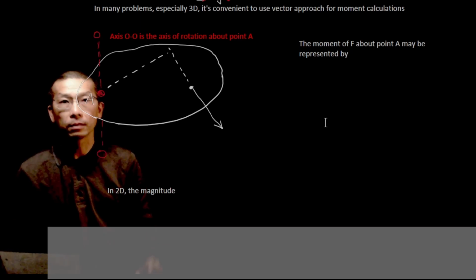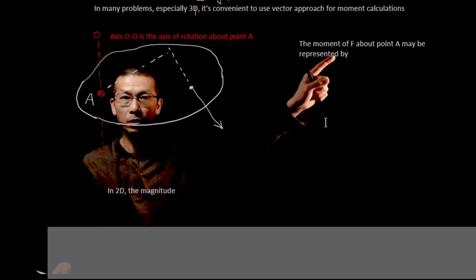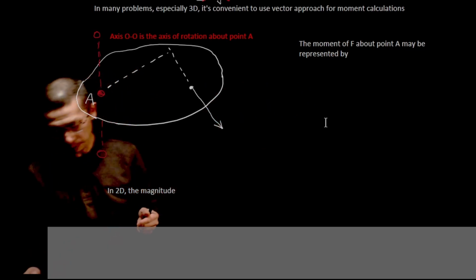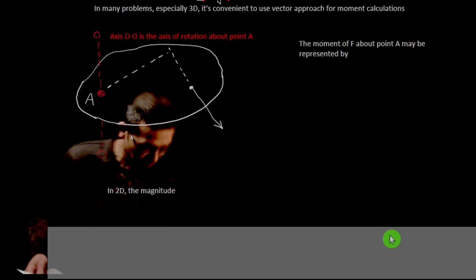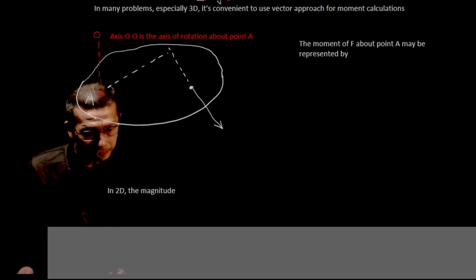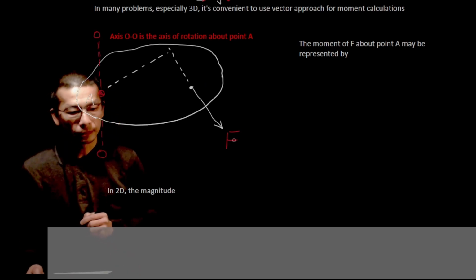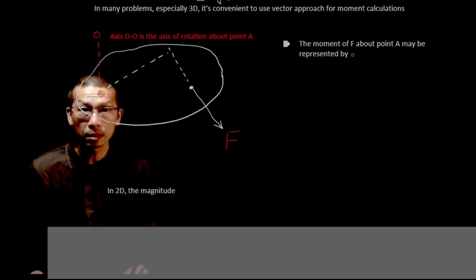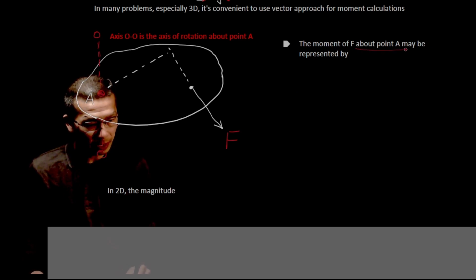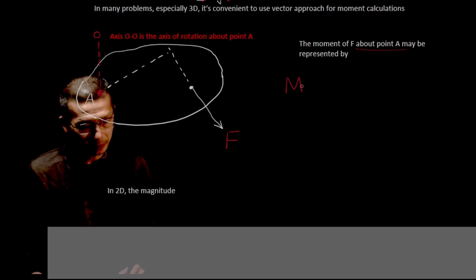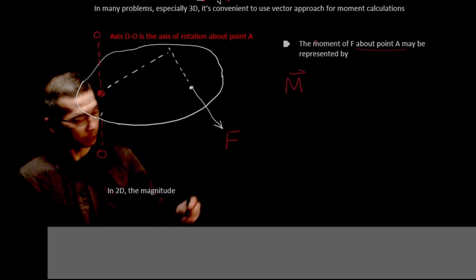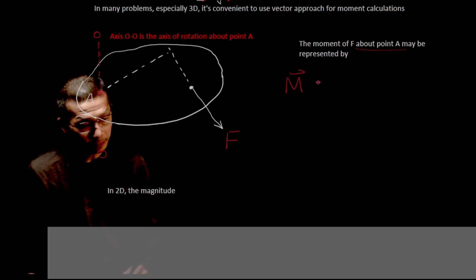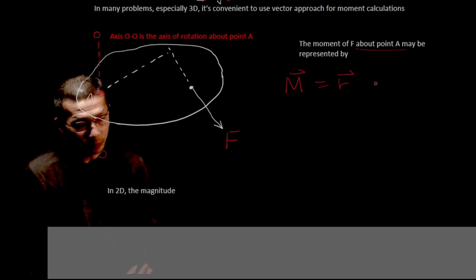Now, the moment of the force F about point A may be represented by, let's write this. So this is F. The moment of F about point A is equal to the moment arm cross the force vector.